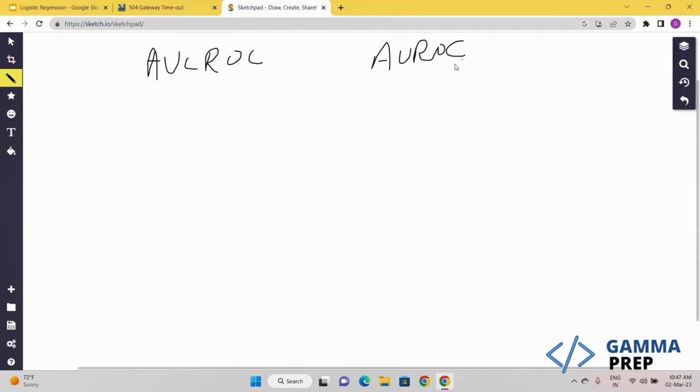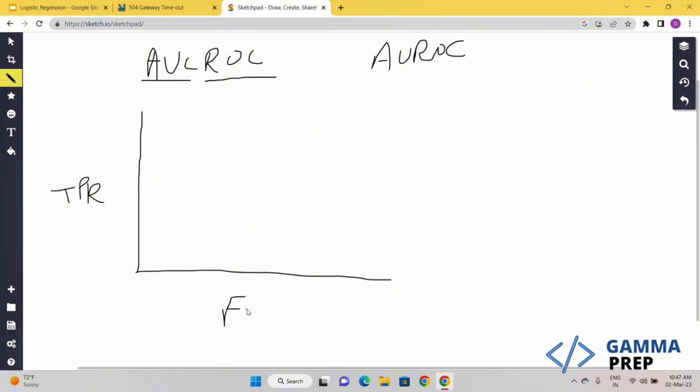AUC ROC is area under the curve, receiver operating characteristics. And this is the graph that we make between TPR and FPR for different thresholds.